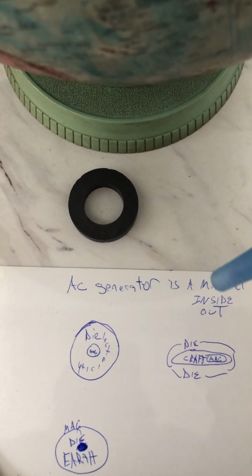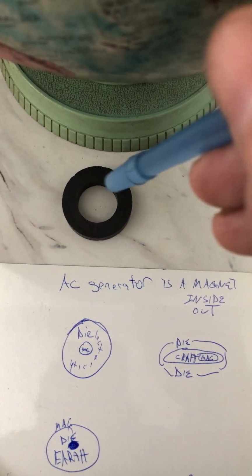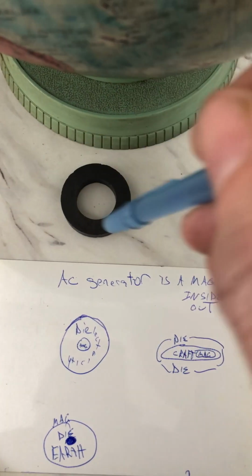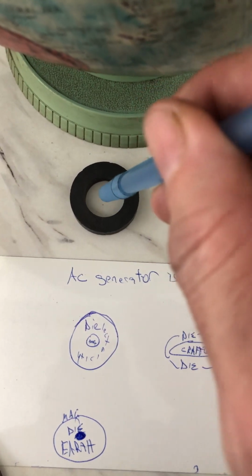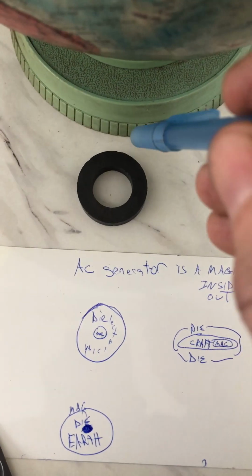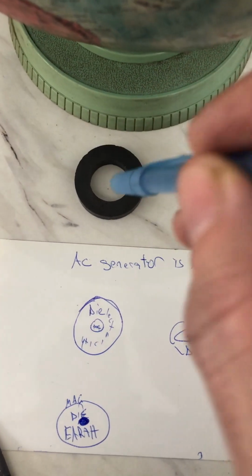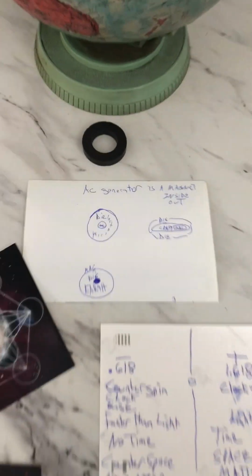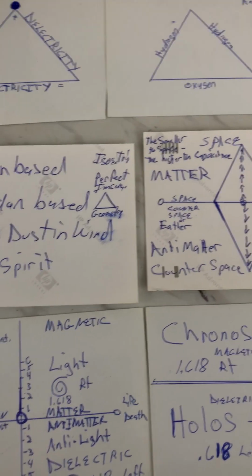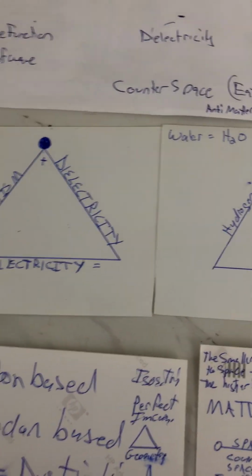An AC generator has all of its dielectricity on the outside and all its magnetism on the inside, to where this magnet has all the magnetism on the outside and all the dielectricity on the inside. It's completely flipped. So they're just trying to empty out the area of magnetism.